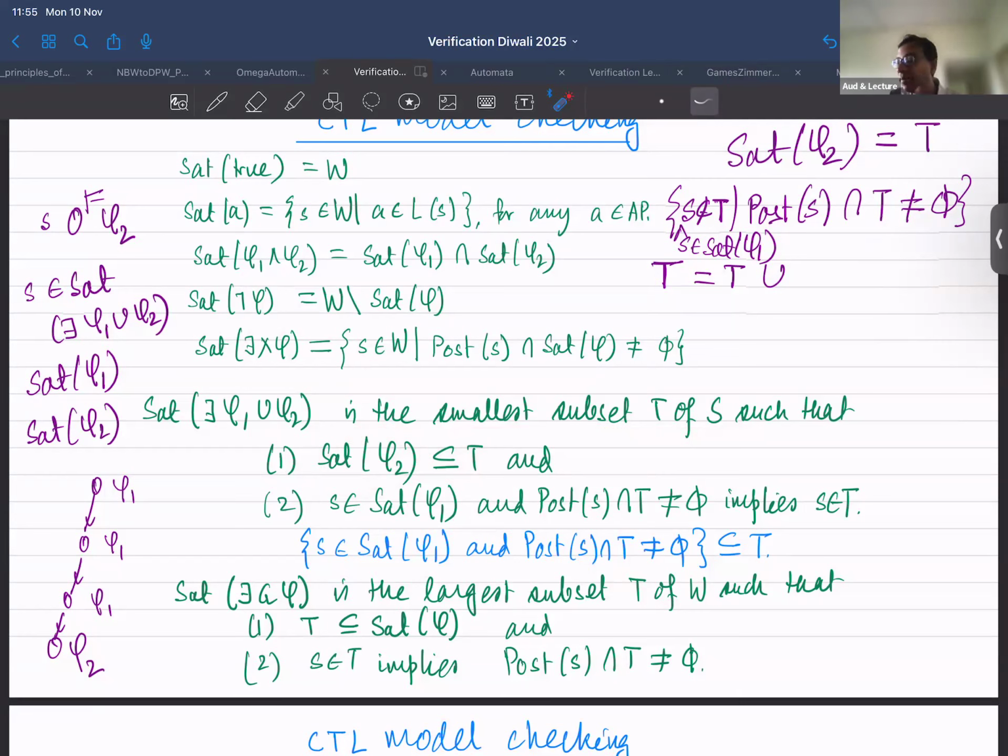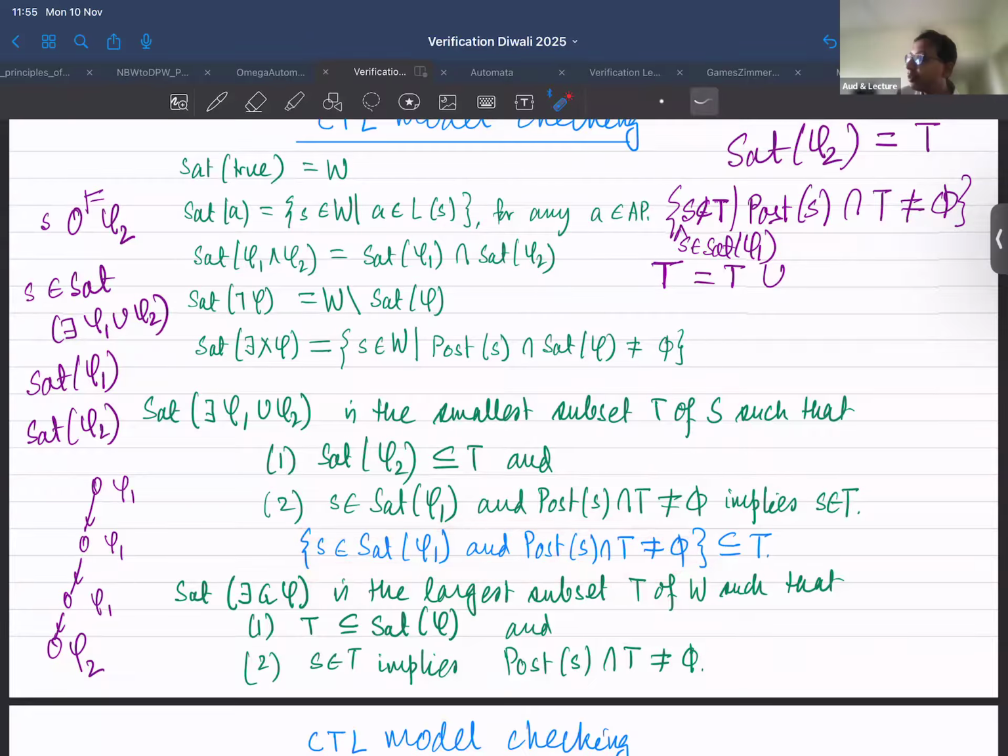So at some point of time, you will reach what is called a fixed point. Where you will see that you don't have any more states which are not in T at this current time, but they satisfy this condition.